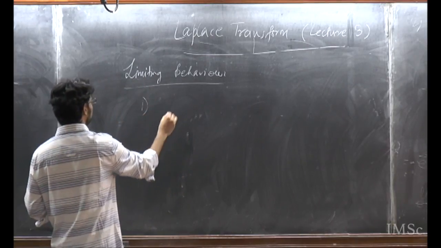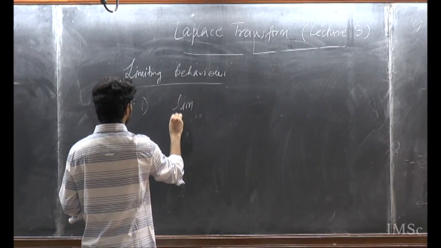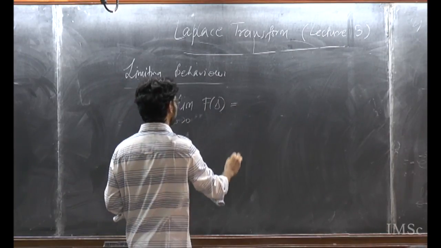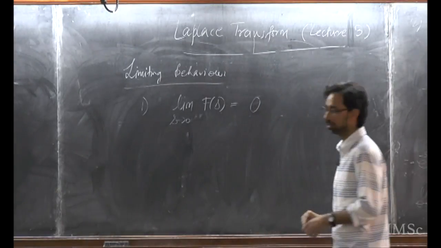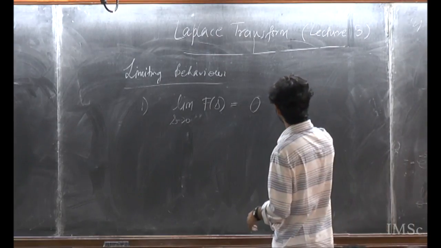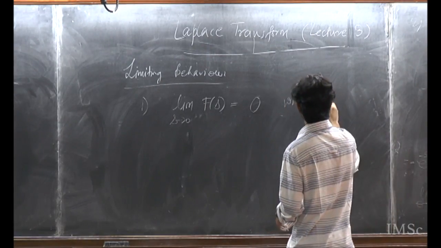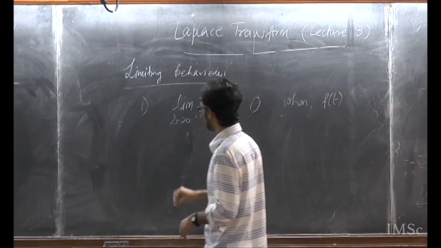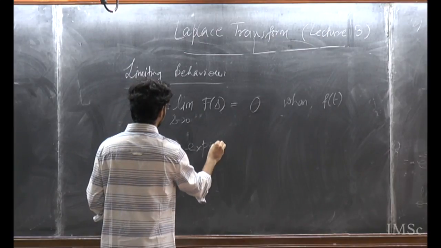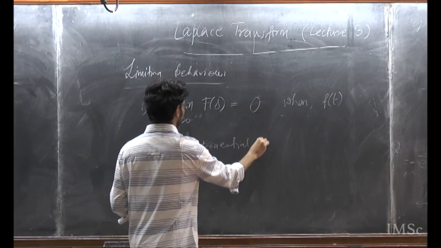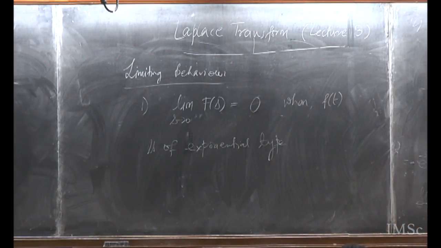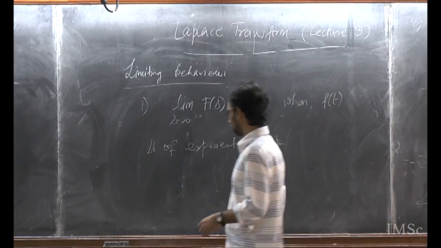So the first thing is the limit as s tends to infinity of F(s) is 0. Okay, it goes to 0 when f(t) is of exponential order, of exponential type. Again, here you have a sort of swapping proof.